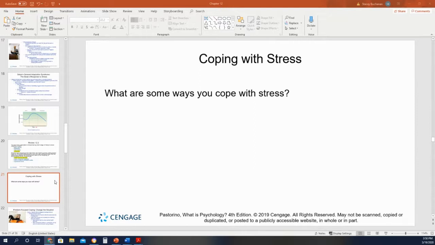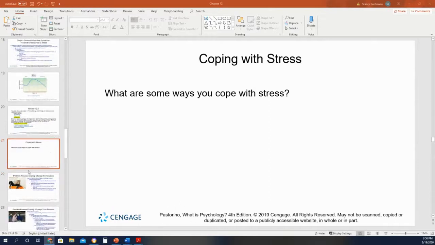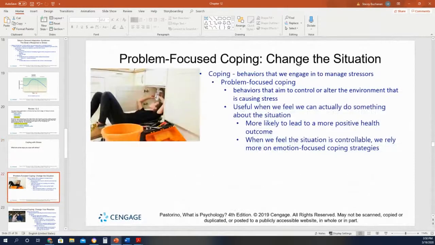All right, so now that you have those ideas in your head, let's go through dealing with stress and coping. So we're going to first look at coping. We've got to define coping: behaviors that we engage in to manage our stressors.